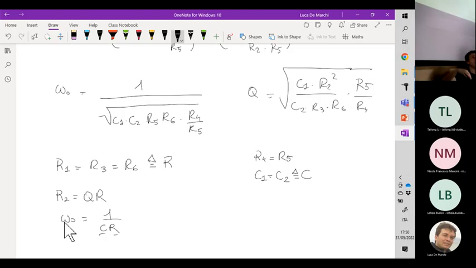Okay, again, you can build another table, this time related to the Tow-Thomas implementation, by associating the value of Q and omega null to C, R and R2.